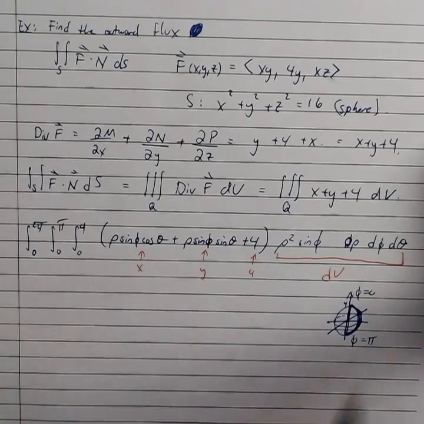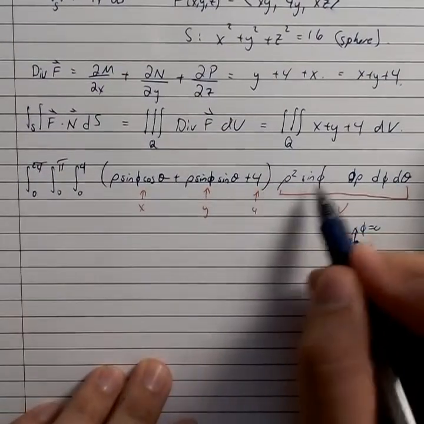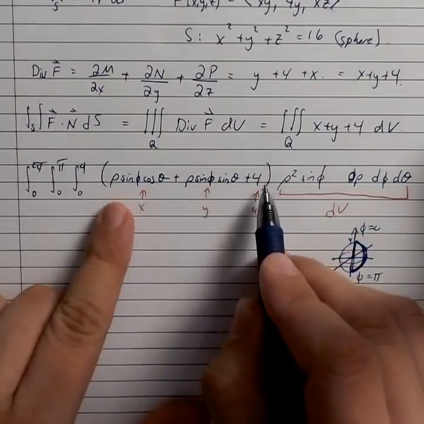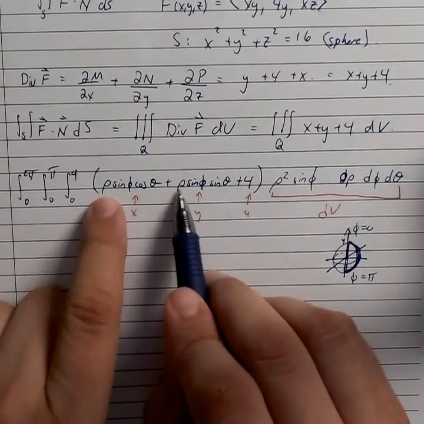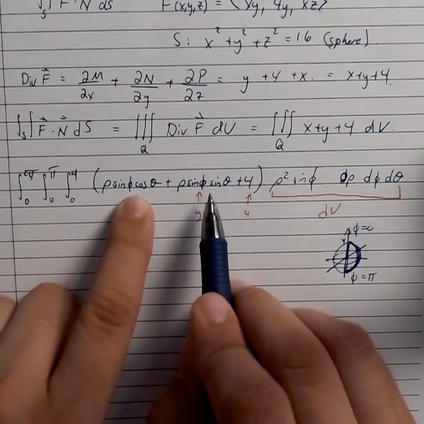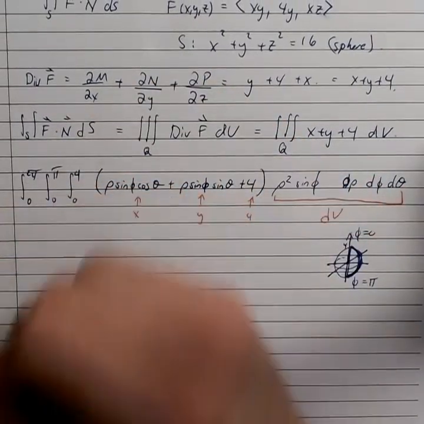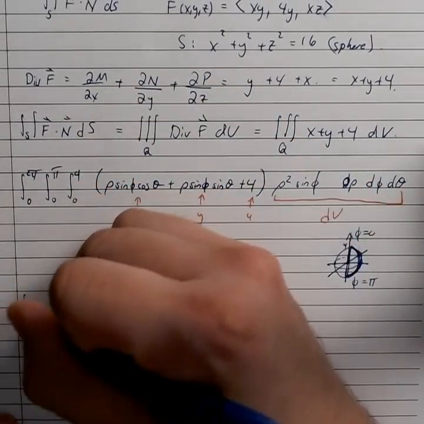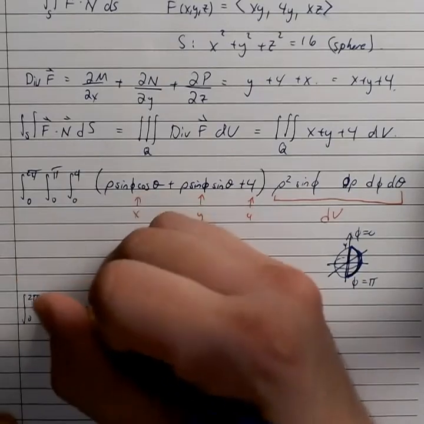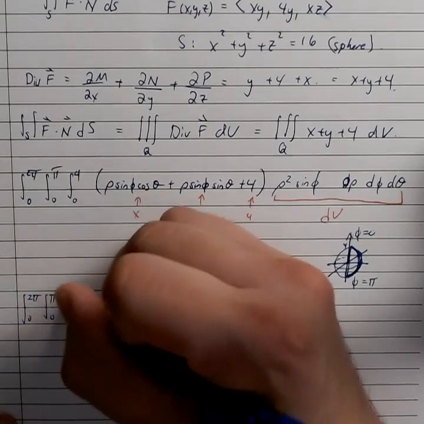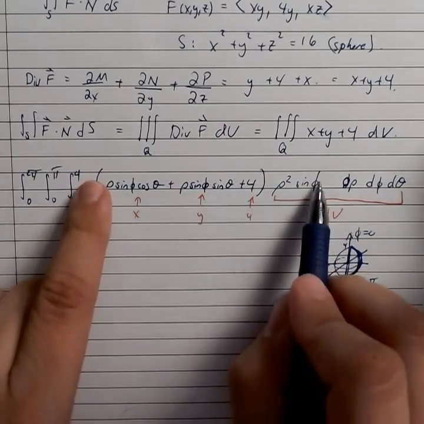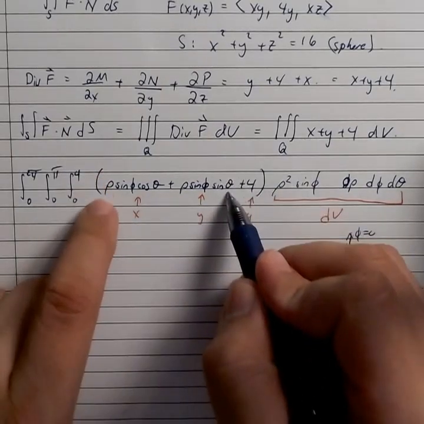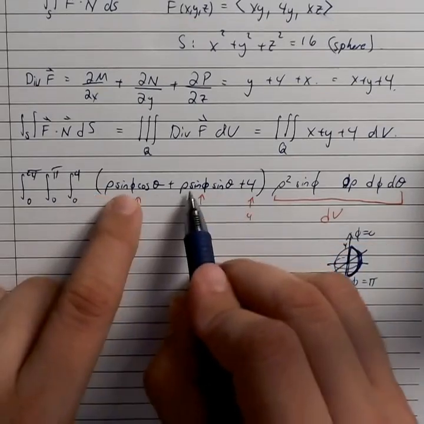It looks like I could distribute this stuff throughout these terms. I note that here I have a common factor of rho sine phi. I'm going to write this as, and it looks like it's going to take more than one page, but oh well, the integral from 0 to 2 pi of the integral from 0 to pi of the integral from 0 to 4 of, I'm going to take these two and factor out rho sine phi.